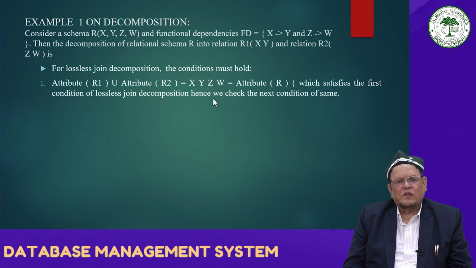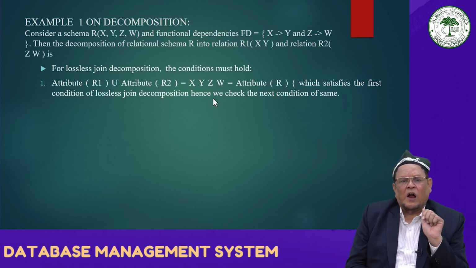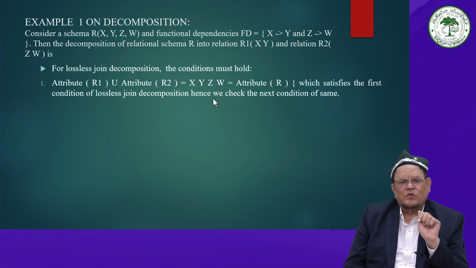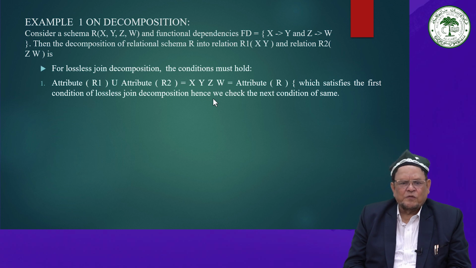Attributes of R1 union attributes of R2 must be equal to the attributes of R, which satisfies the first condition of lossless join decomposition. Hence we check the next condition.